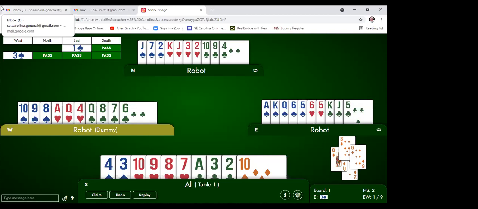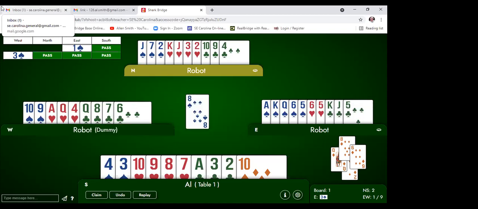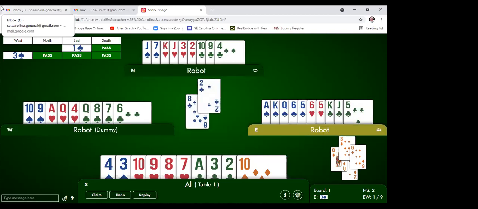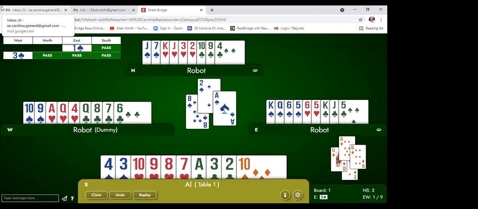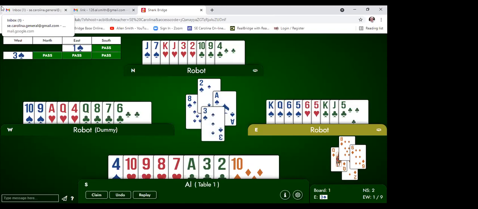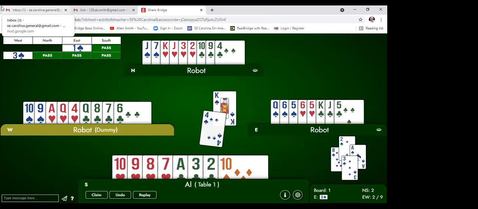At this point, it says, let's go out there and see if we can draw some of the spades just to find out what's going on. What we're looking for is a 3-2 split. The first one split, and it leads it again.